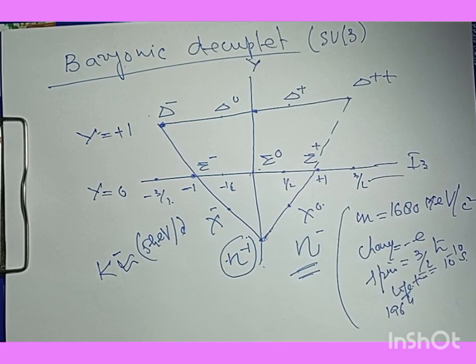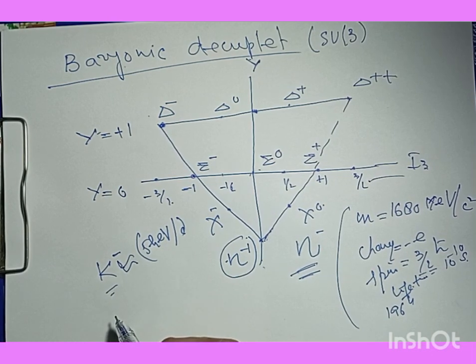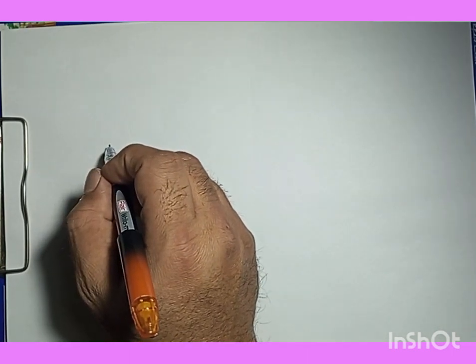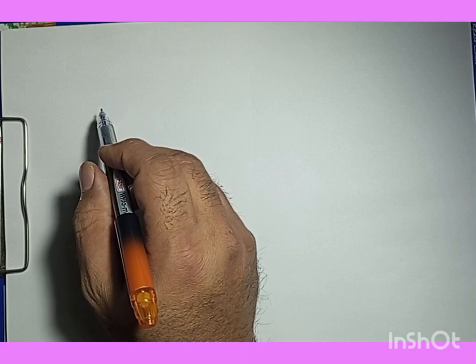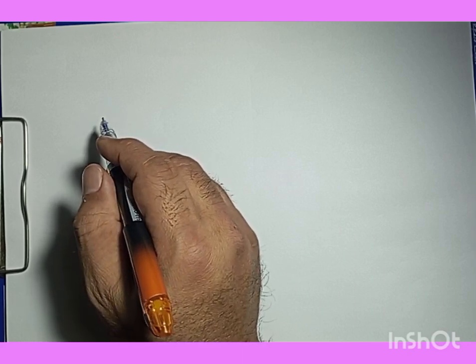The high energy K negative mesons interact with the protons, and what they do is they produce these omega negative hyperon particles that were predicted using the weight diagram for this baryonic resonance decuplet.